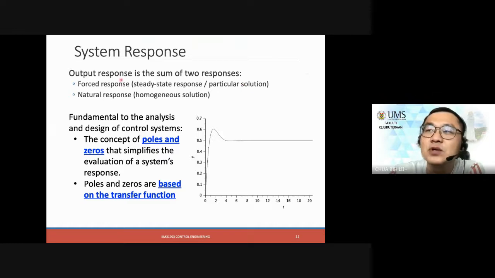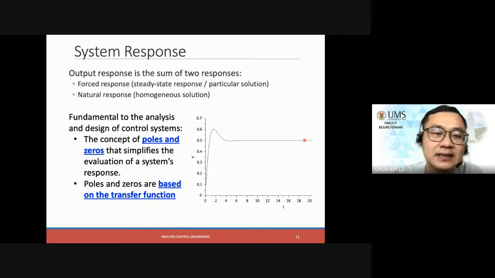The first one is the forced response and the second one is the natural response. The forced response we also call the steady state response, whereas the natural response is the homogeneous response. You may not see this clearly now, but slowly we would form those kinds of equations to separate them.